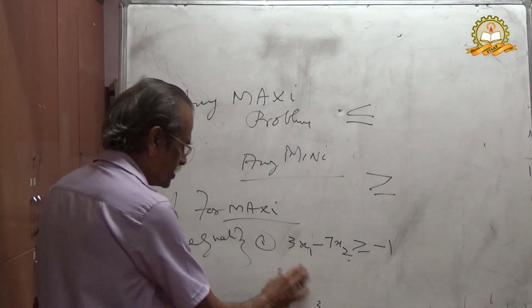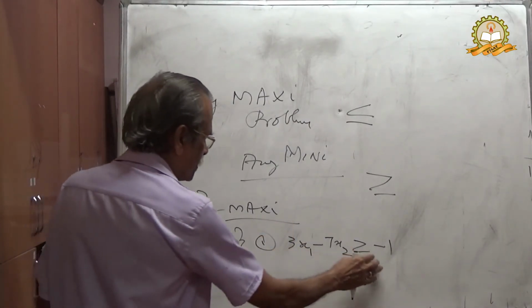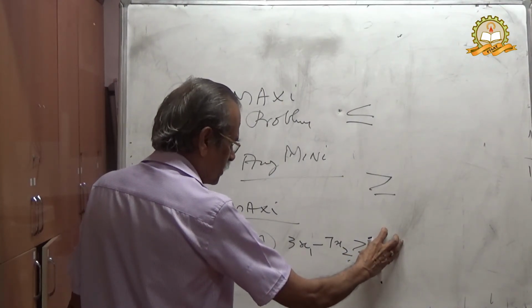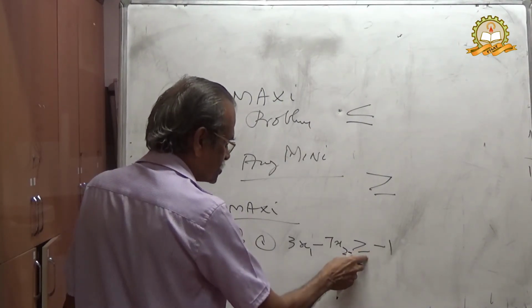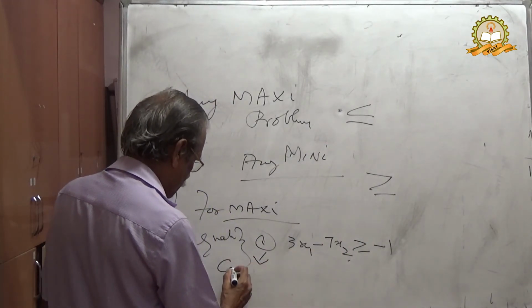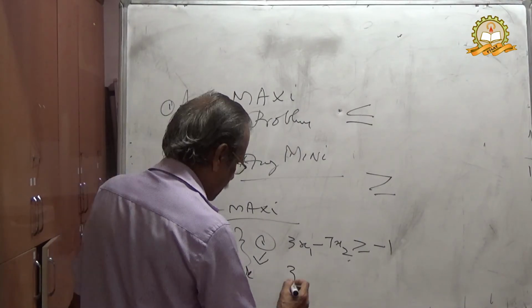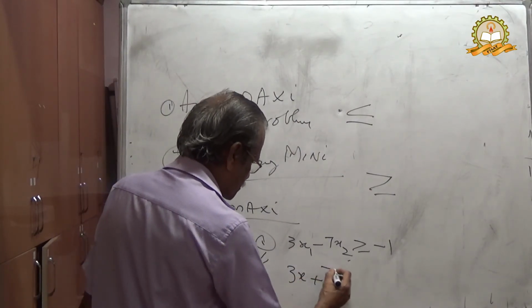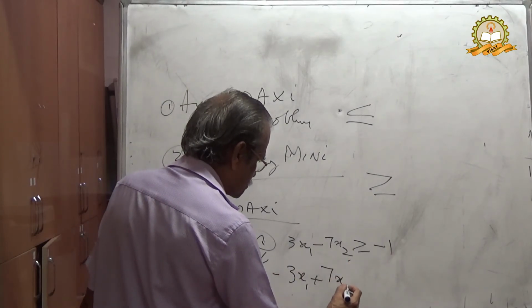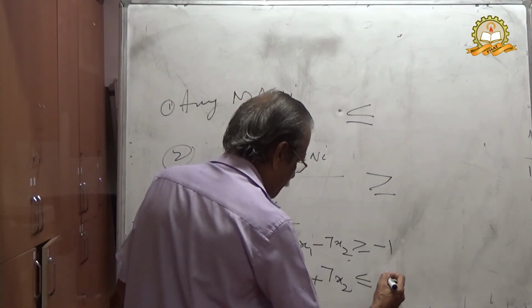Therefore, initially you have to convert this into minus 3x1 plus 7x2 less than or equal to 1.